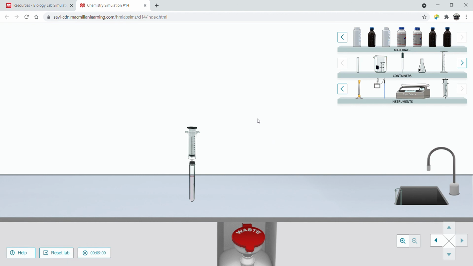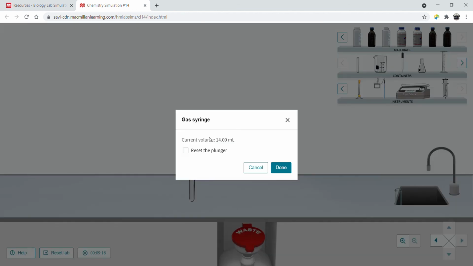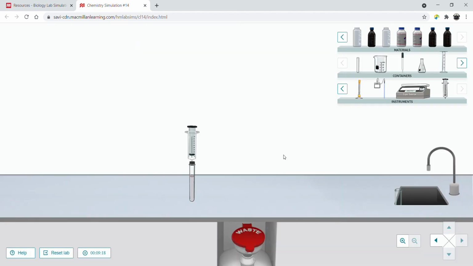So 9:13. Hover over it so I'm ready to pounce to get our reading. Come on. Oh, 14. Okay, so that's what you want to put in your table for pH 10.